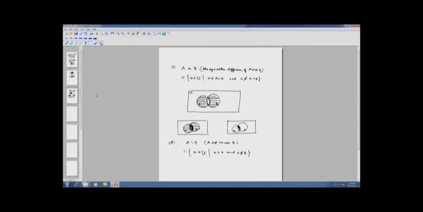If we look at the Venn diagram corresponding to this operation, then we see something like this.